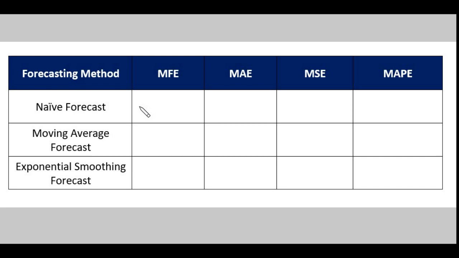Okay, for the naive forecast, we got 2.50 for our MFE. For our MAE, that would be 5.50. Our MSE, we got 31.50. And our MAPE, we got 8.05%.